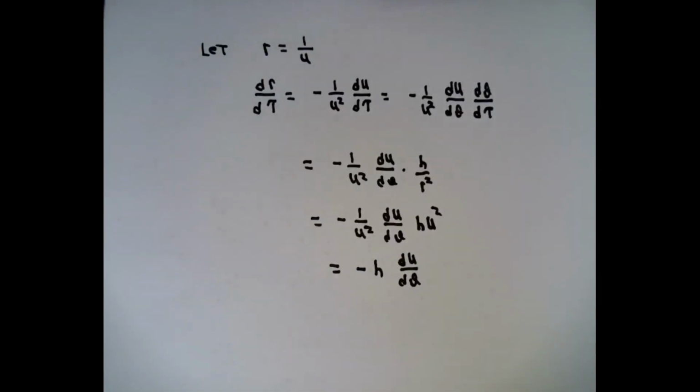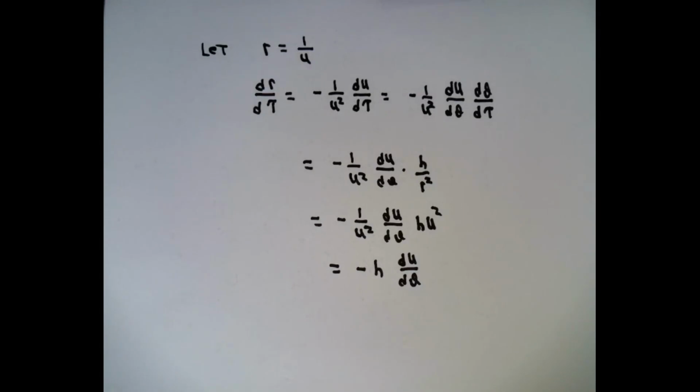Just as before, introduce a new variable, u, then express dr/d tau in terms of u, and then use the chain rule to convert du/d tau into du/d theta times d theta/d tau. From our constant along a geodesic thing, though, we know that d theta/d tau is h over r squared, that is to say h times u squared.